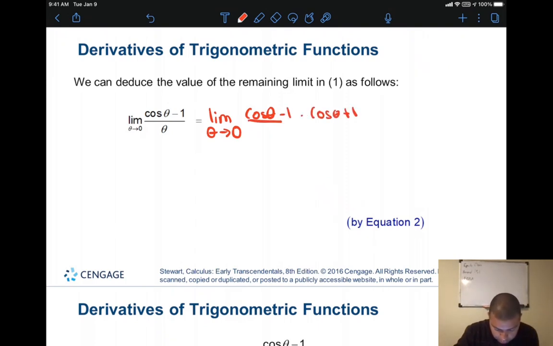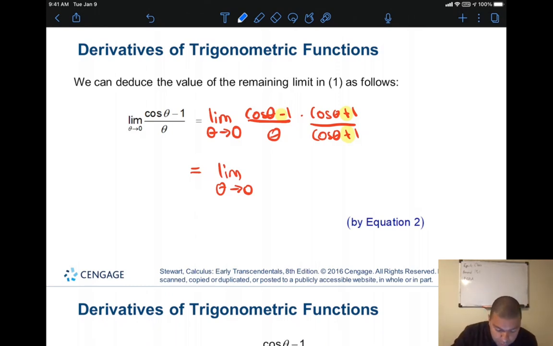You can multiply this by the conjugate, basically. So I'm changing the sign of this into a plus, and this is a 1, so it doesn't change the result. And then you end up with the difference of squares. You're going to notice that things that gave you trouble in Math 141 and 142 are now expected to be easy.